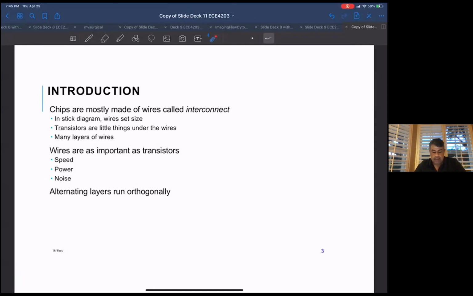And they affect speed, power, and noise. The speed, we talked about a little bit here. The speed is all about RC delays. So the resistance of the wire matters, and the capacitance matters: the amount of time it takes to charge up a wire and discharge it, in addition to the gate of what you're driving. So that's affecting the speed.